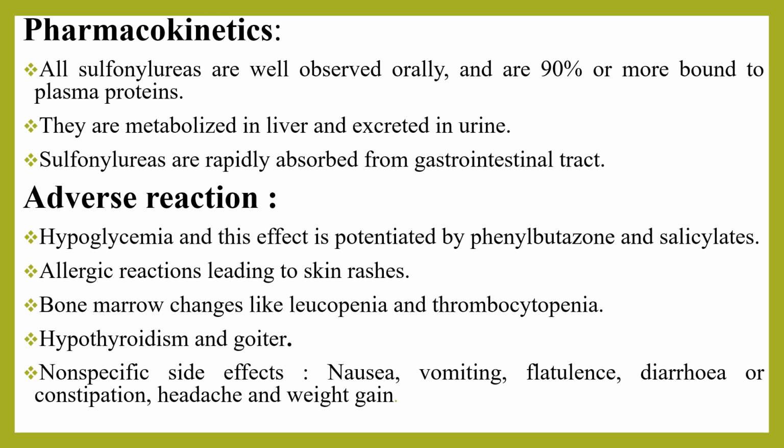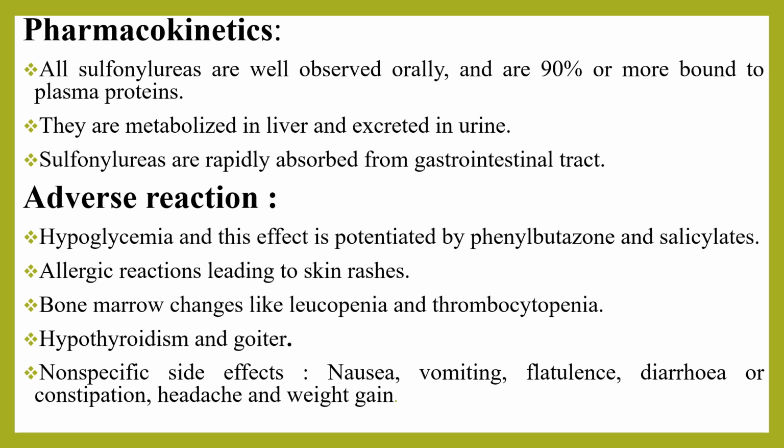Then pharmacokinetics. All sulfonylureas are well absorbed orally, and 90% or more are bound to plasma proteins. They are metabolized in the liver and excreted in urine. They are rapidly absorbed from the GI tract.